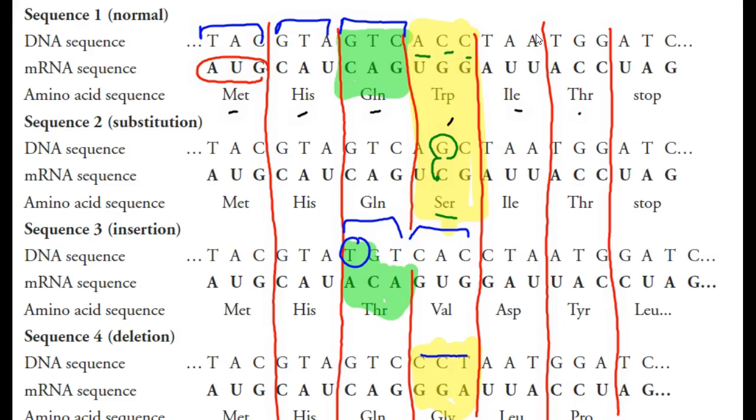We have CCT here. So there has been a deletion of the adenine. It's supposed to be right here. And because of that, the codon changes, which means the amino acid changes. Because of this, we have a left frame shift.